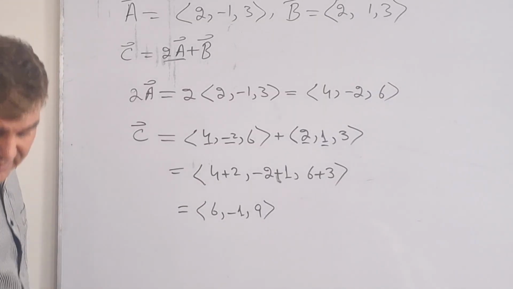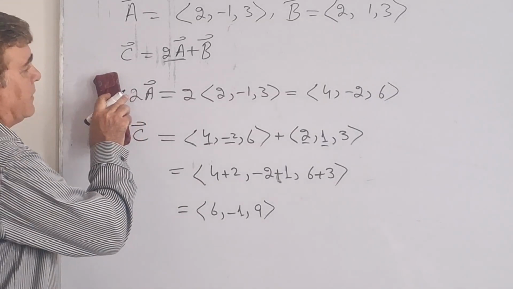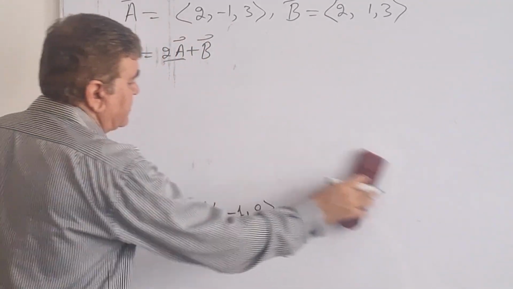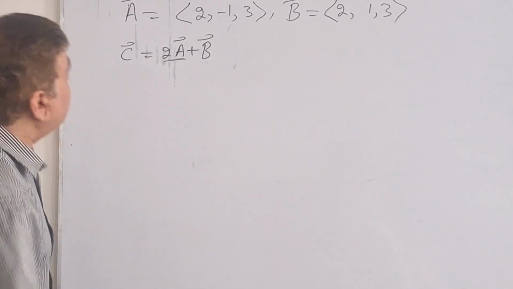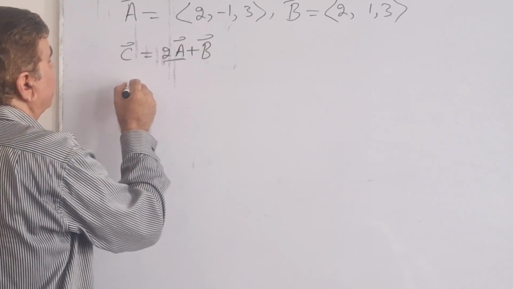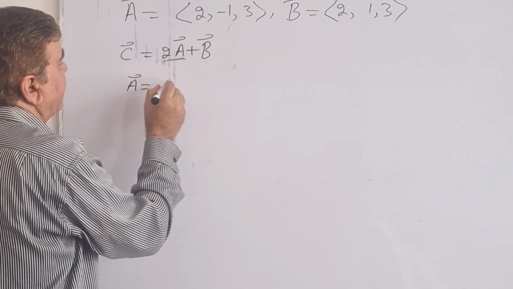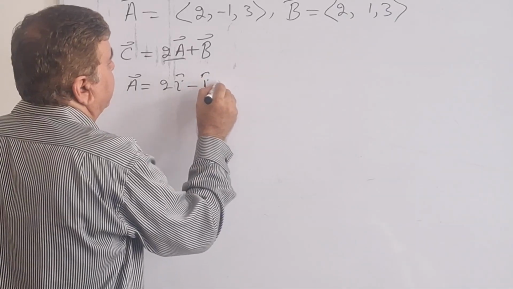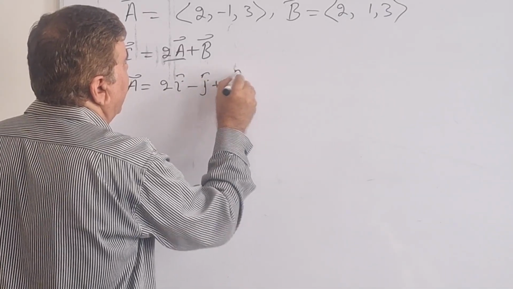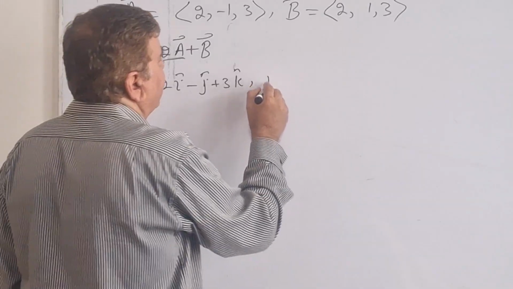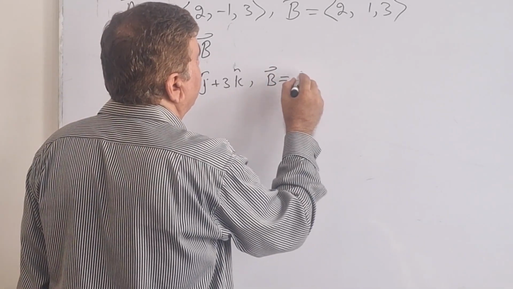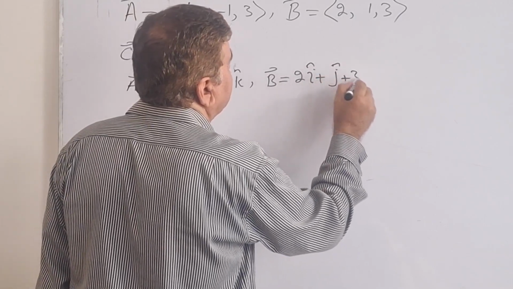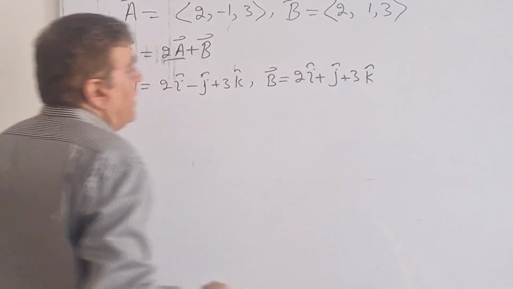We can obtain the same through the other relation we derived for addition of vectors. For example, we can express vector A in terms of unit vectors like this: vector A equals 2 times unit vector i minus j plus 3 times unit vector k, and similarly I can write vector B in the form of 2 times unit vector i plus unit vector j plus 3 times unit vector k.